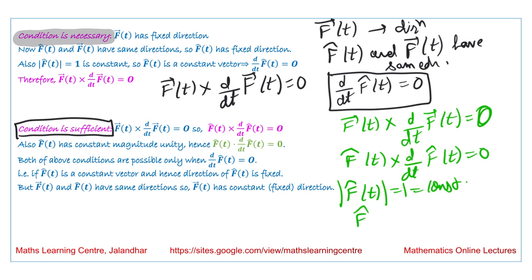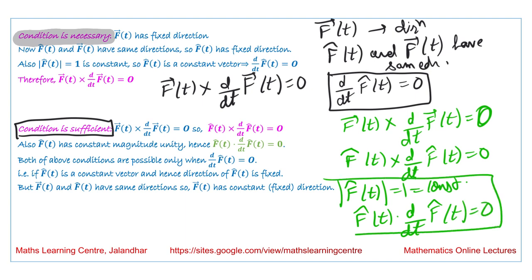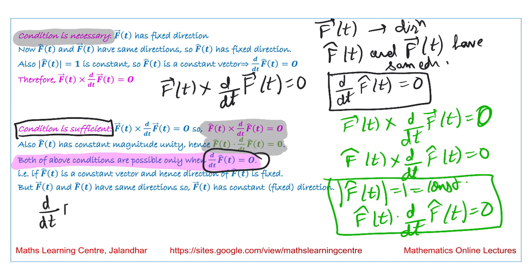So f cap t dot d by dt of f cap t will be 0, because the magnitude is constant. What we obtain is that both conditions hold: the cross product is 0 and the dot product is 0. This is only possible if d by dt of f cap t is equal to 0.